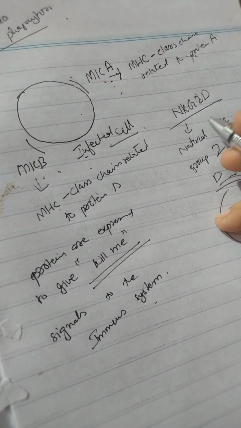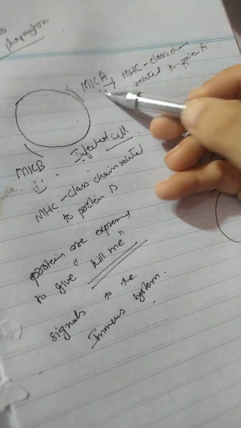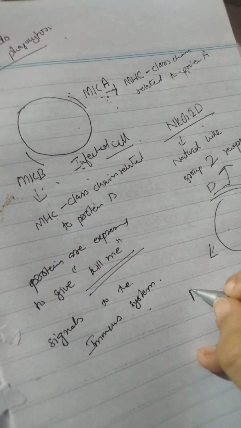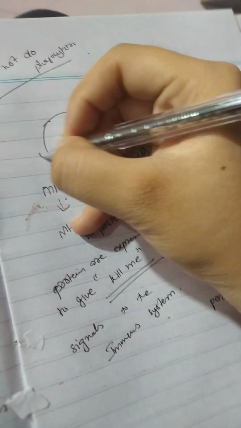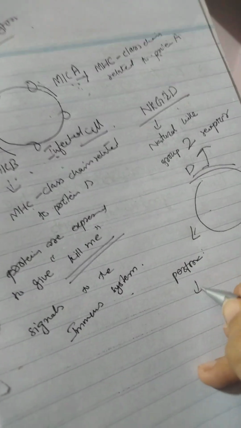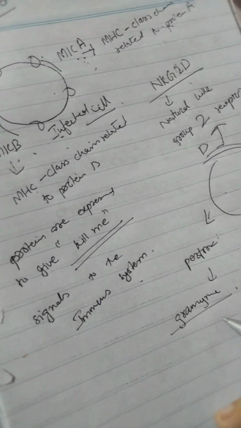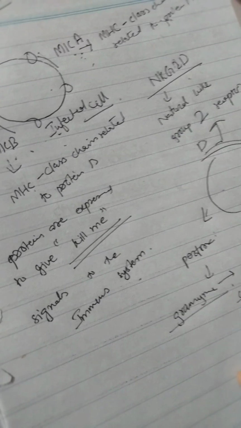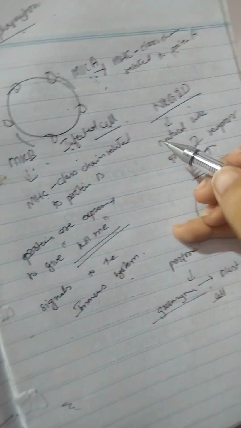When NKG2D recognizes these both proteins on the surface of the infected cell, it releases perforins first, in order to make pores in the infected cell. Then it will release granzyme, which will blast the cell. This is how NK cells work without phagocytosis.